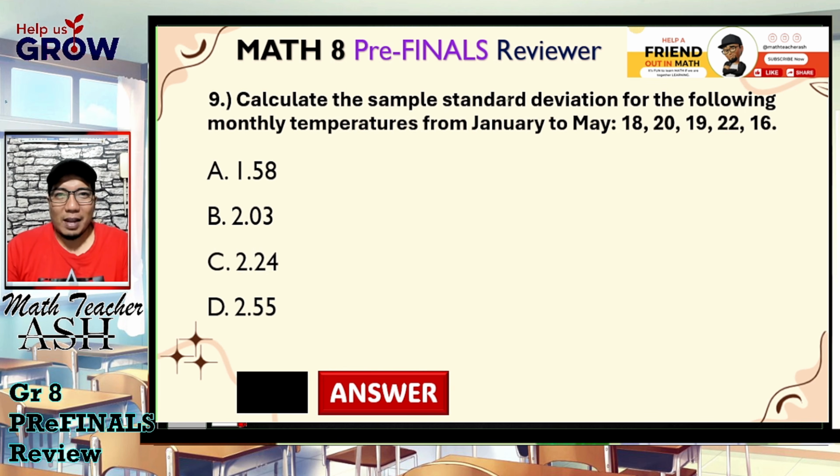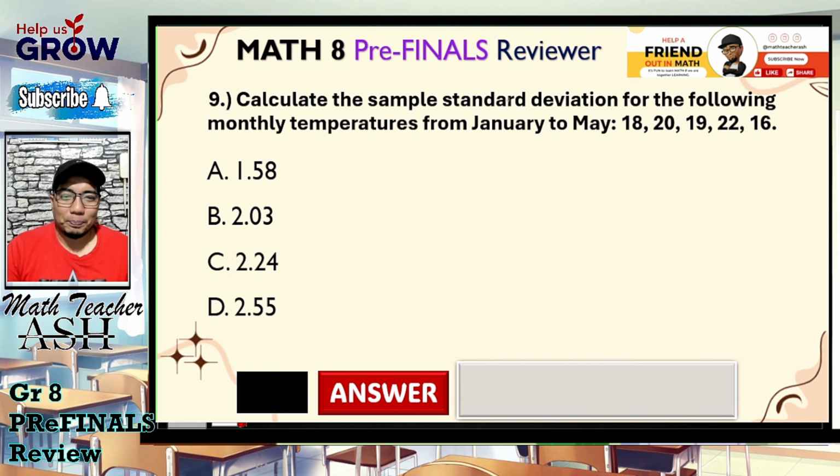So that is 5 minus 1, that is 4. So 20 divided by 4, the value is 5. Once we get the value of 5, we get the square root of it. What is the square root of 5? Very good. That is 2.24. Letter C is the correct answer, my dear math learners. Let's check whether we are correct. Easy, right? I hope you got that one.